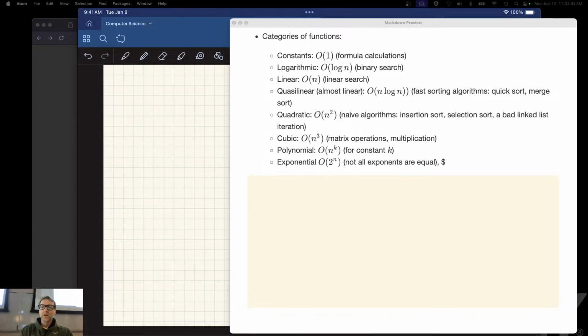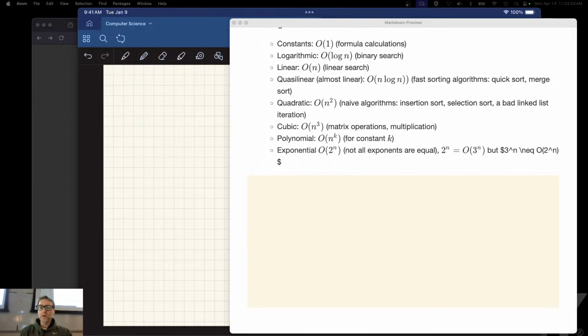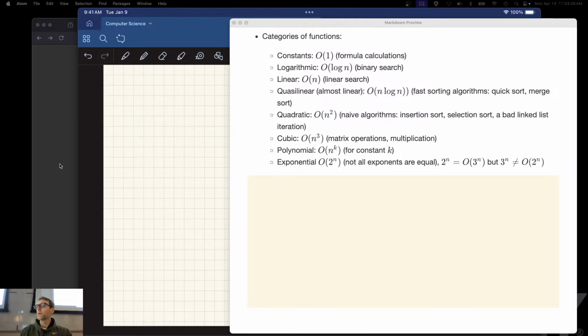In other words, 3 to the n is not big O of 2 to the n. It's just a different base, but if you have just a slightly larger base in your exponent, that is so much bigger than any other base that's smaller than it, right?